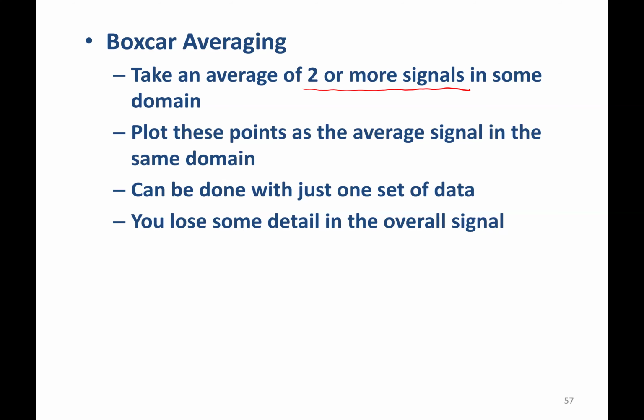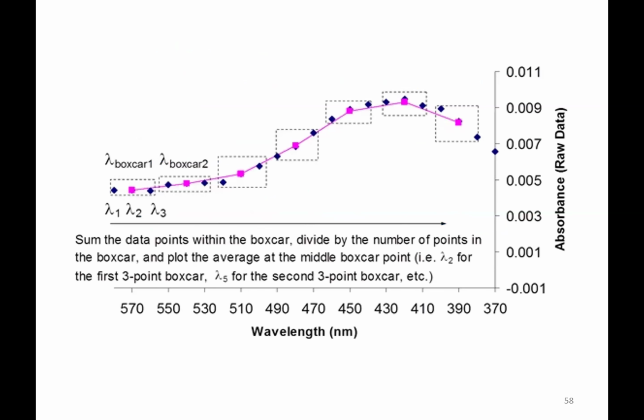So let's illustrate this so that we know what we're talking about and then talk about this. What are the consequences of boxcar averaging? For example, here, this is absorbance data. And you see here the data points, those ones in blue, those are the real data points. And you want to smooth the data.